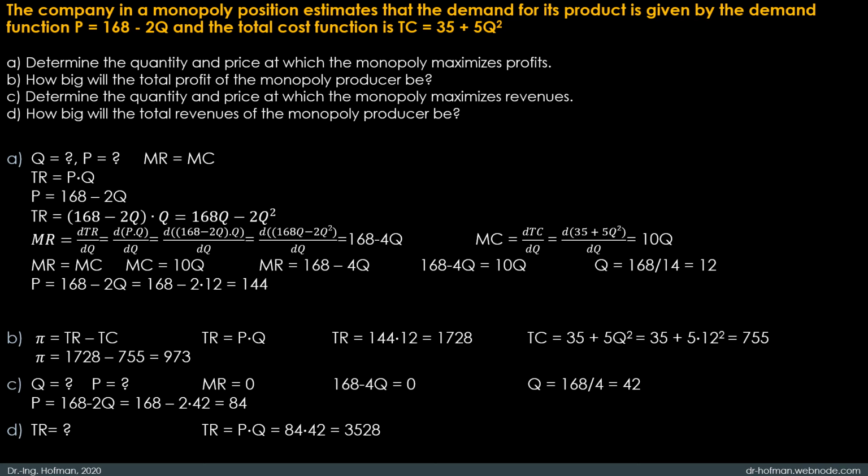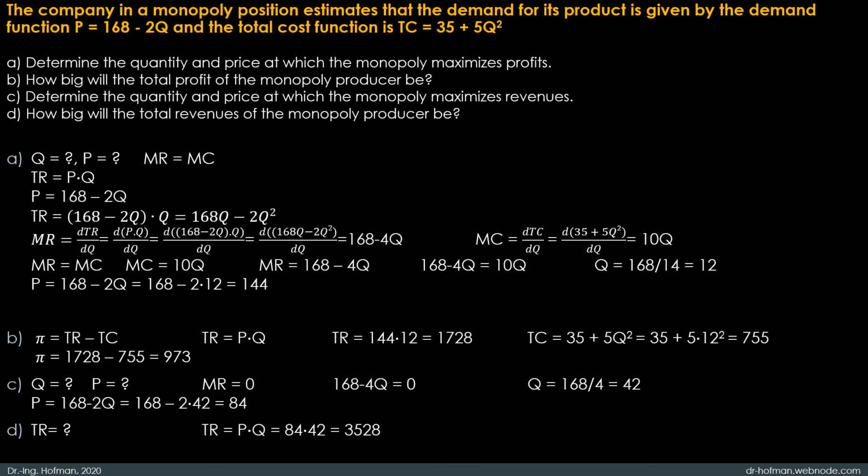We also need the marginal cost, because marginal revenues should be the same as marginal cost. Marginal cost is calculated as the derivative of total cost over Q. Total cost was given as 35 plus 5Q squared. According to Q, its derivative is 10 times Q. If MR equals MC, we can write MC is 10Q and MR is 168 minus 4Q.